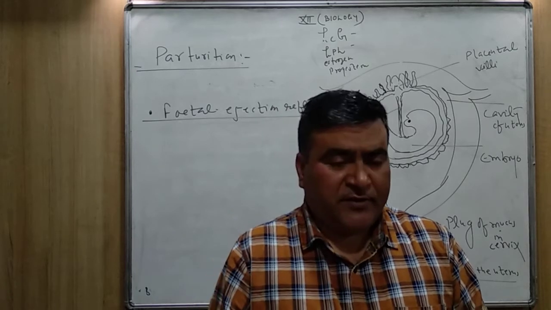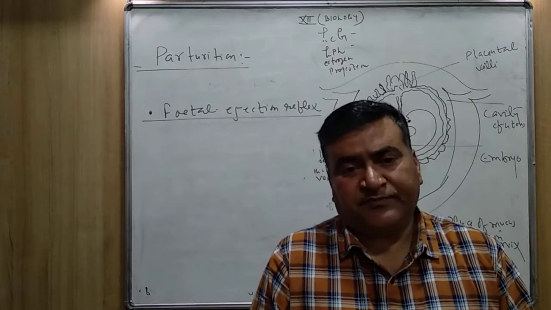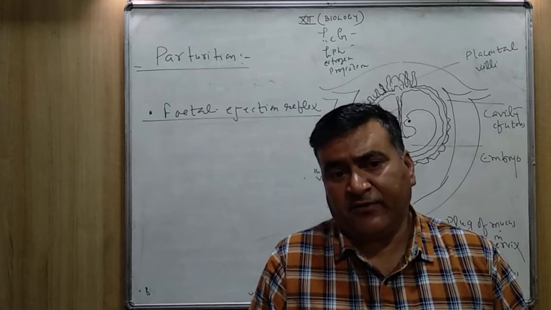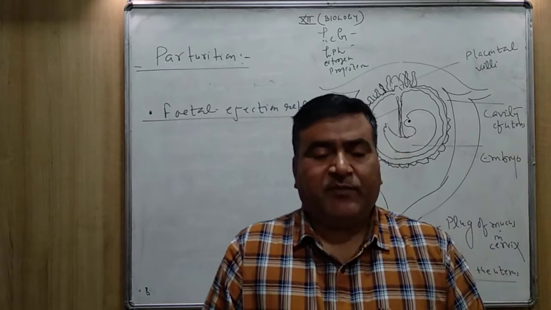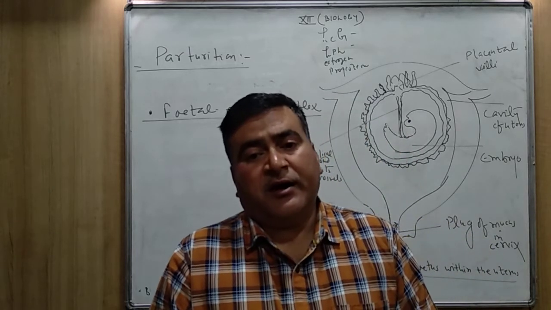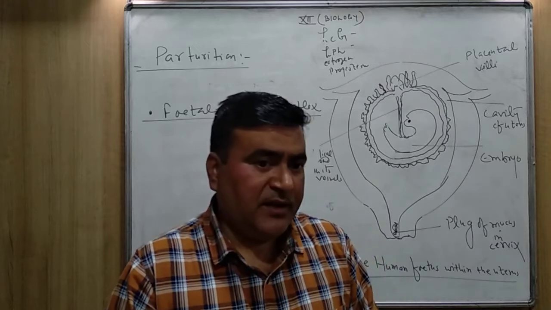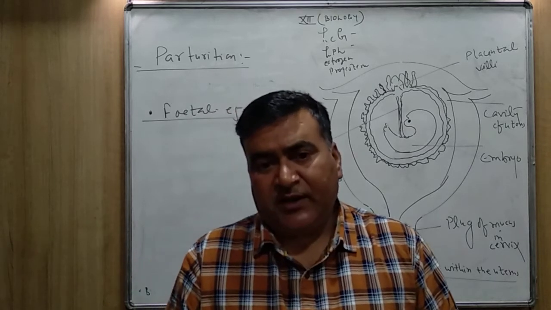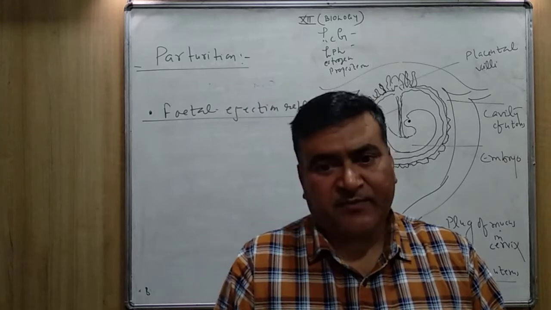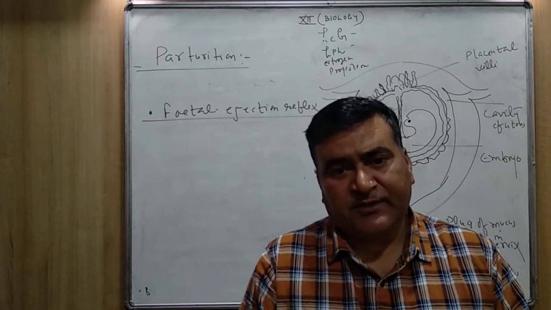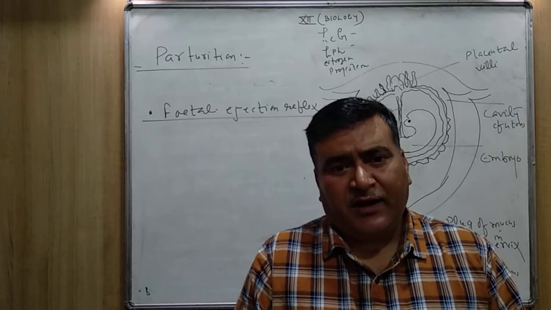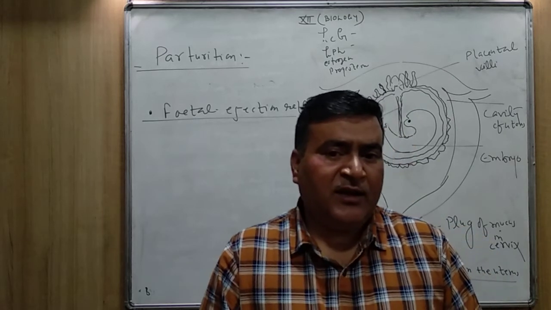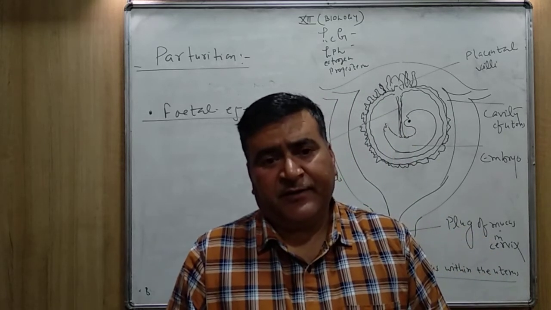So after the parturition, or you can say after the birth of the young ones, the mother's breast, the mammary gland, starts producing milk for the proper nourishment of the young ones, and this process is called the lactation period.